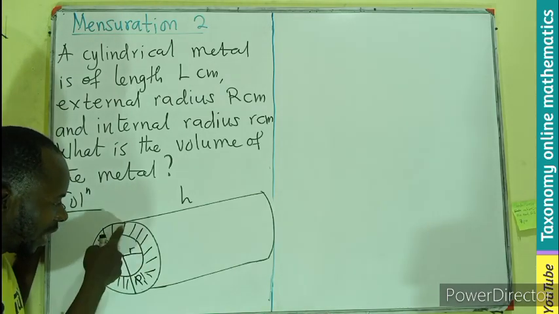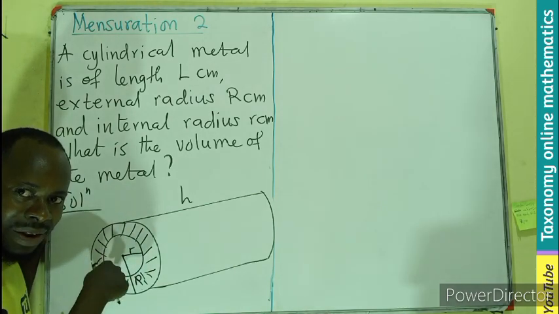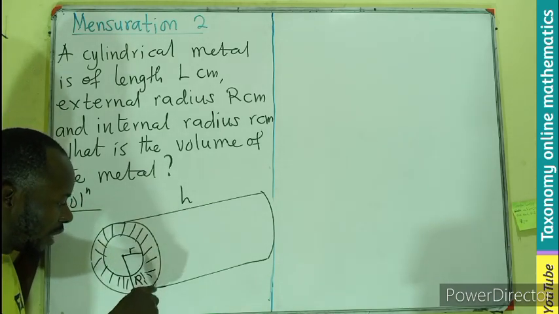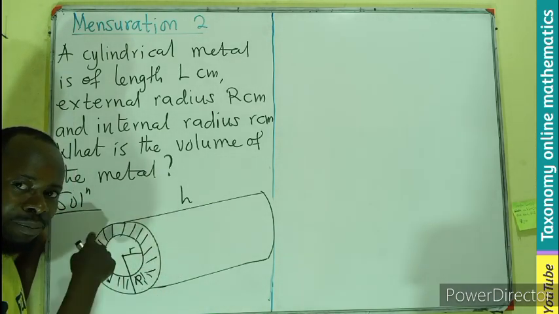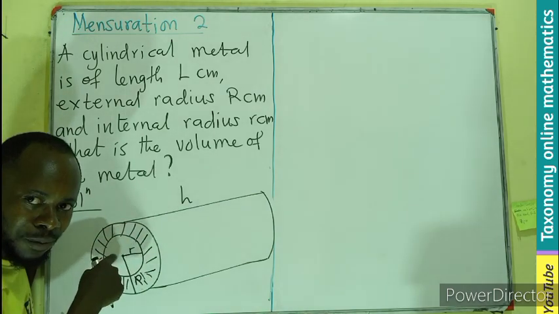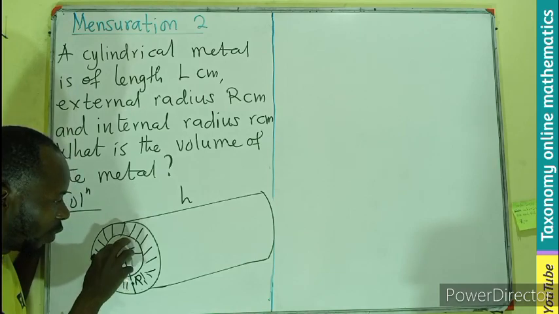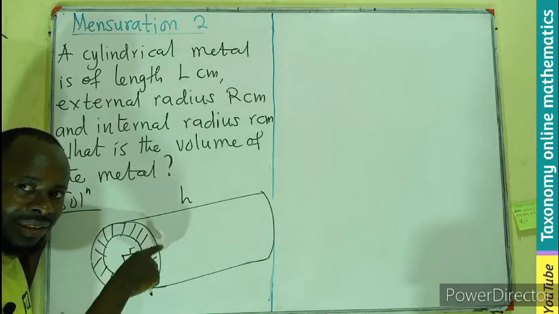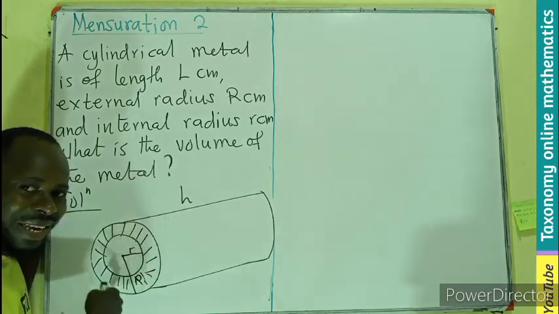If I'm looking for the area of the material in the shaded portion, I need to know the total area of the bigger circle minus the area of the smaller circle, right? If I take the hollow space away from the bigger circle, I should be finding the thickness.